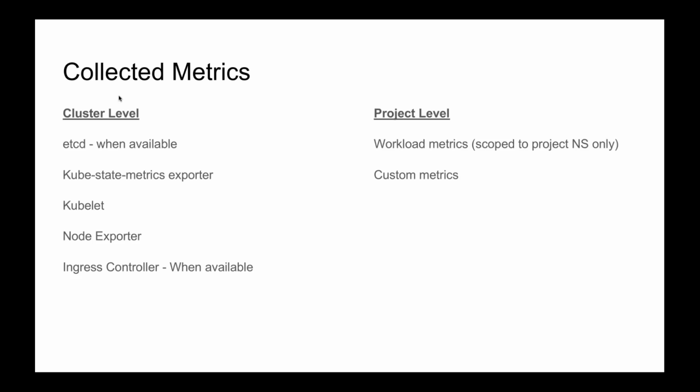When it's a managed solution like EKS, we don't have direct access to some of those components, so we can't measure them, but that's hopefully provided through your cloud provider. At the project level, these are mostly workloads and metrics scoped to your namespaces in that project only, and then you're able to get custom metrics. At each level, you have access to Grafana to visualize these.